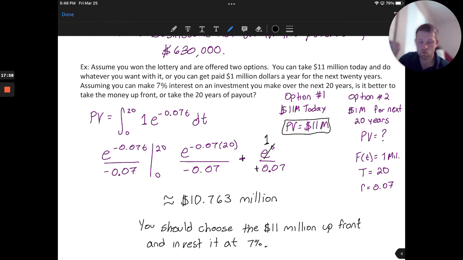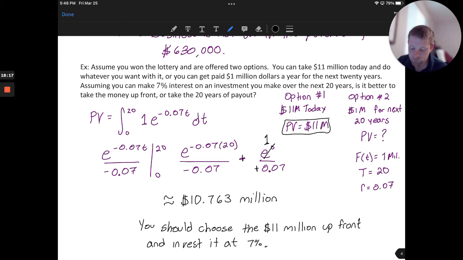If you do so, you'll have more money at the end than investing at 7% of $1 million for the next 20 years. So choose option number 1 here. That will give you the most money at the end of 20 years.